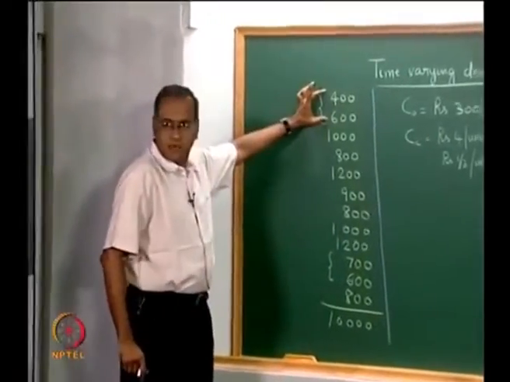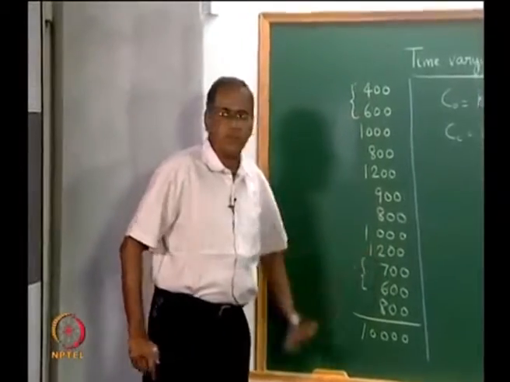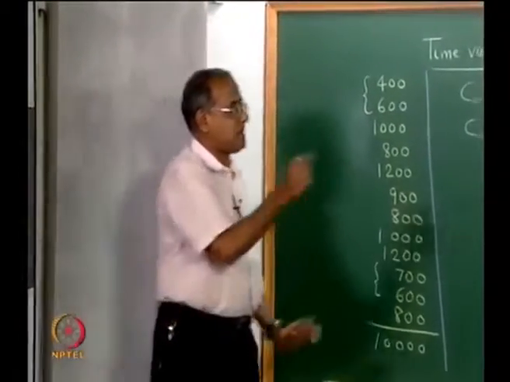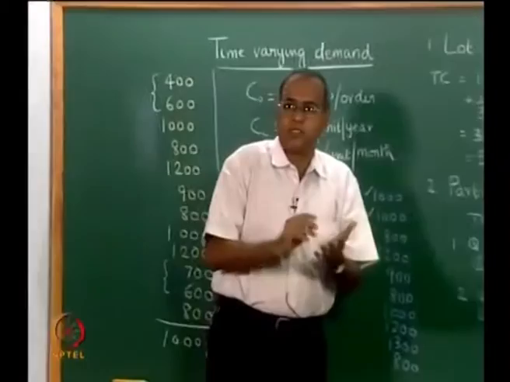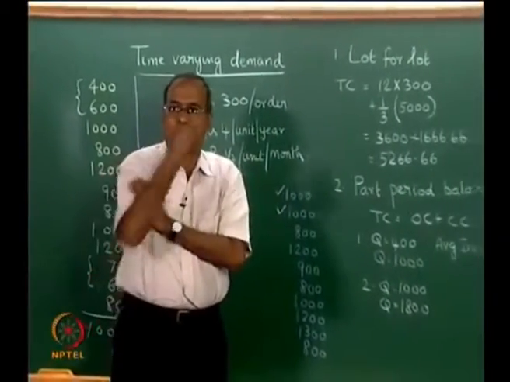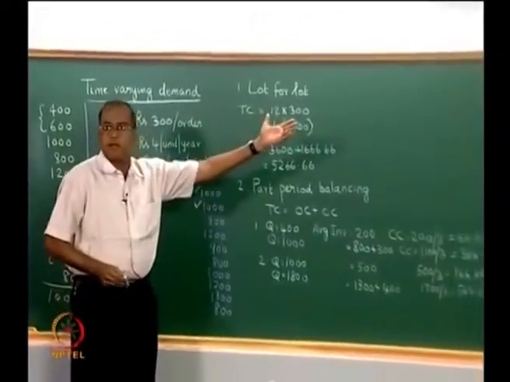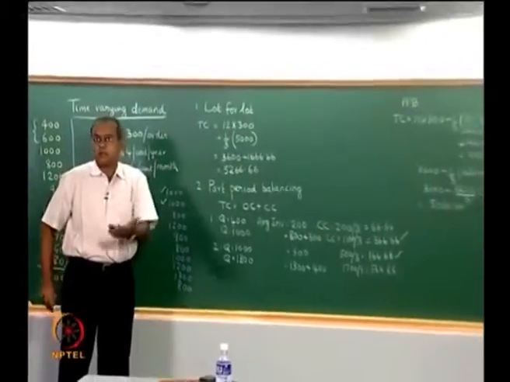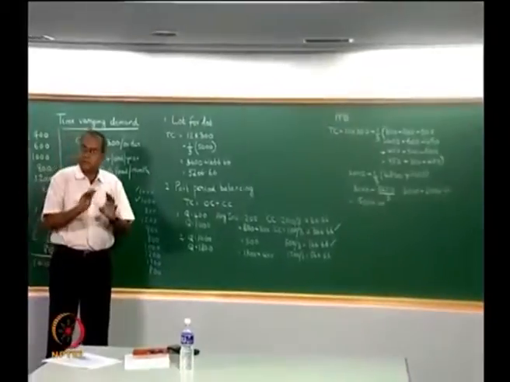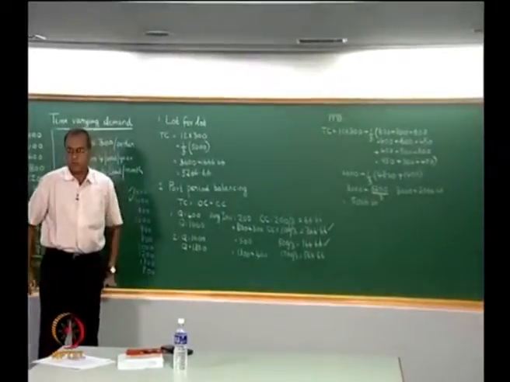So, there was a bunching here. Similarly, there was another bunching here. So, PPB is able to give a better solution in this instance compared to lot for lot, and we could generalize and say that part period balancing would anyway give a better solution than lot for lot, because it is trying to optimize something somewhere.